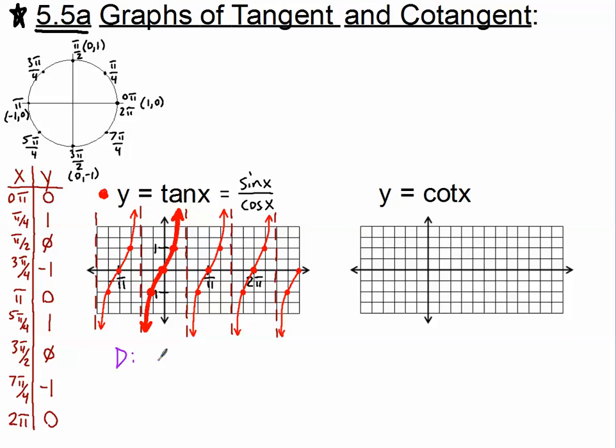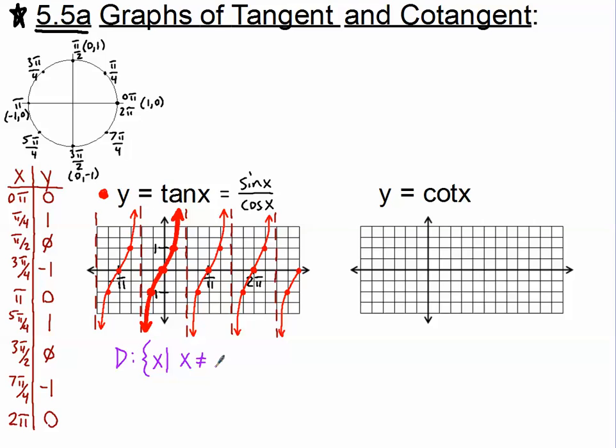The domain for the tangent function, we actually have infinite restrictions because we have infinite asymptotes. So how we're going to describe the domain for the tangent function, it's going to be the set of all x such that x is not equal to, now we have to list infinite asymptotes. Well, I'm not going to sit here forever listing every single one, so I'm going to show you how to do it efficiently.